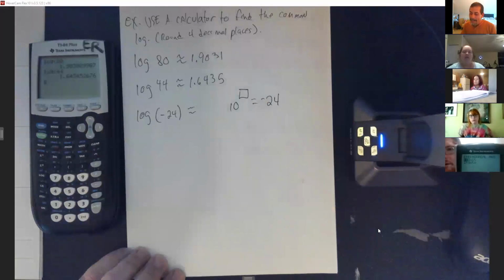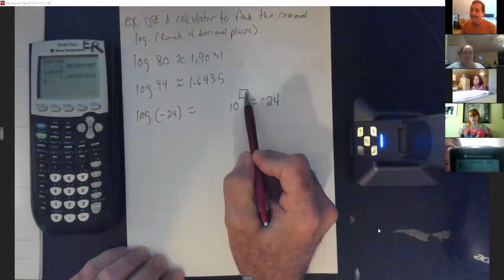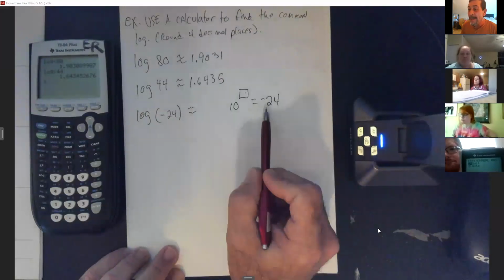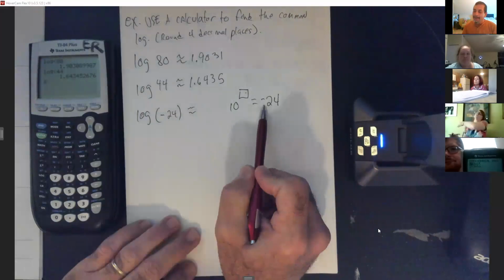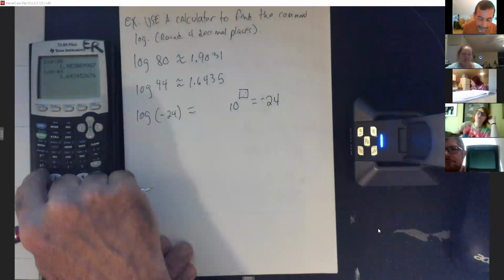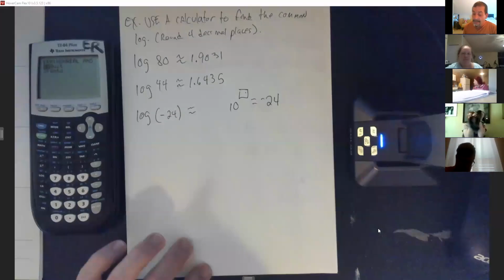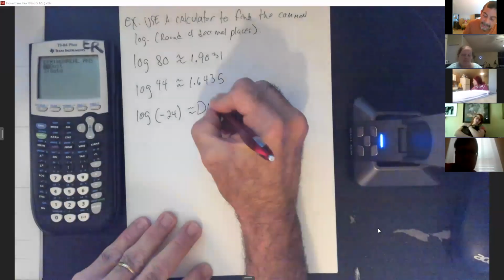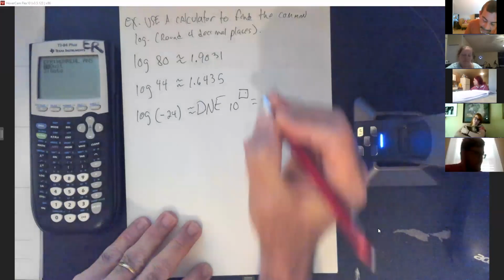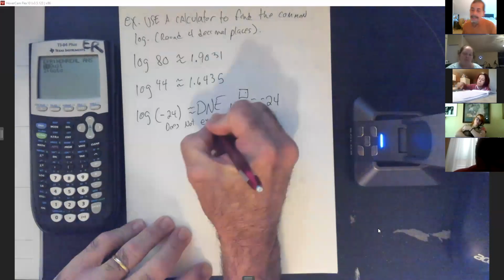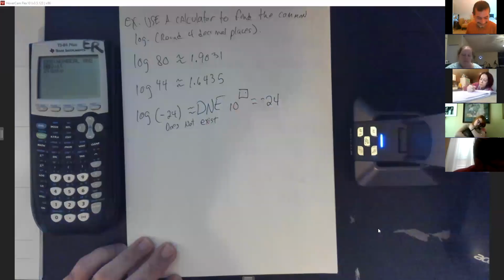No matter what the exponent says, it's not a real answer, because there's no exponent I can put on a 10 and change its sign to a negative. So, good job. If you get that error, and it's a non-real answer, that means we'd have to do the imaginary stuff to get those. So for us, we're going to put does not exist. And then I'll write that out. Does not exist in the real world, right?